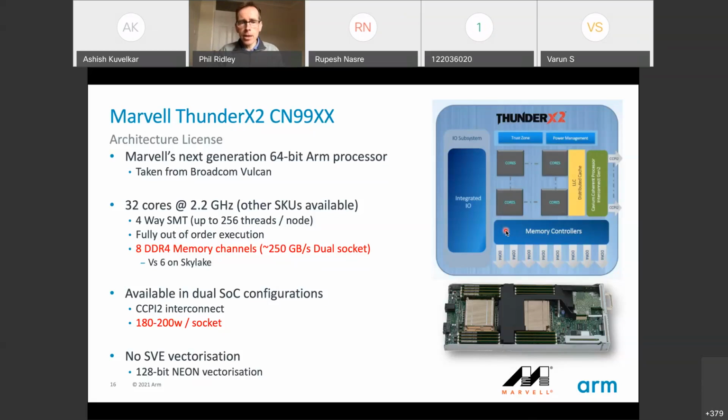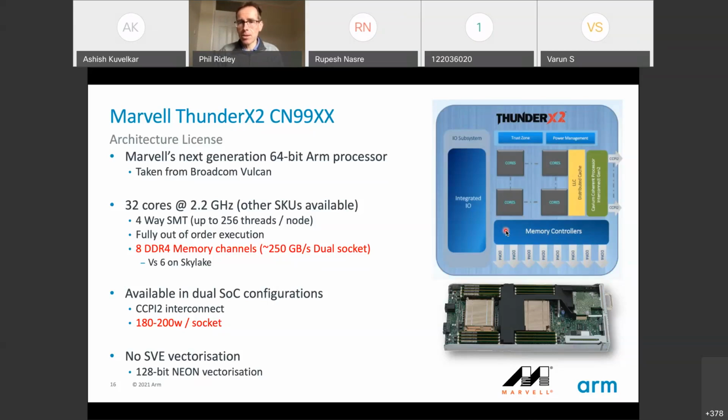The other thing I'd like to point out is that these CPUs can be configured as up to 4-way symmetric multi-threading. So if you have dual socket with 32 cores per socket, each of those cores can be configured as 4-way SMT.